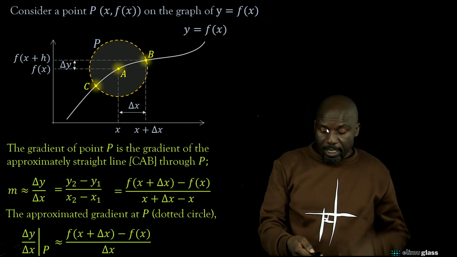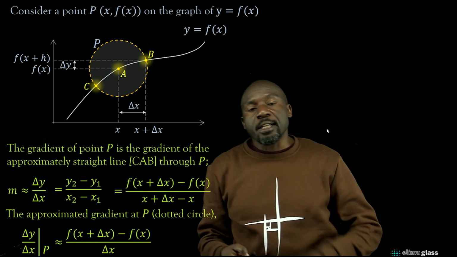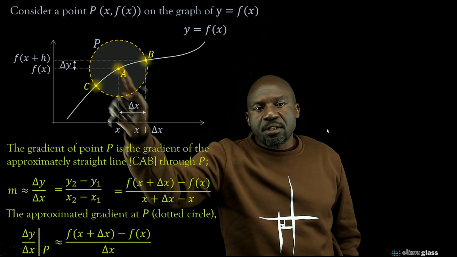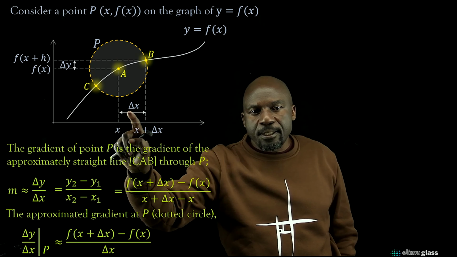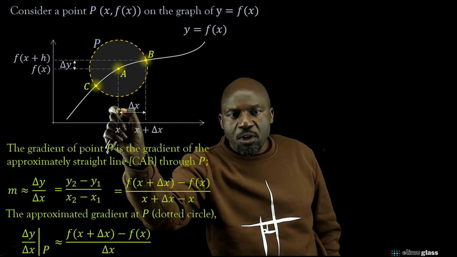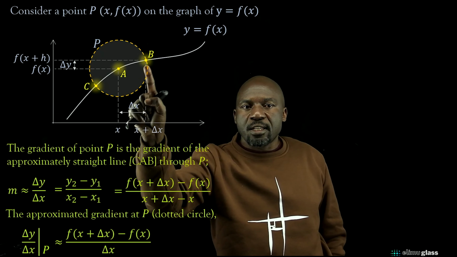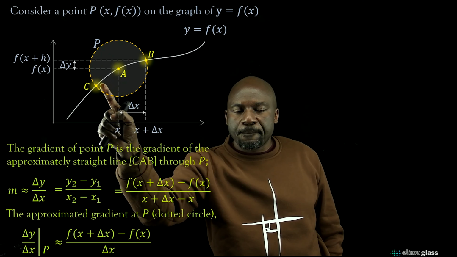All right? So let's see if we can find the gradient when the circle is very, very tiny, so that delta x is tending towards 0, becoming smaller and smaller, because it is when delta x becomes smaller that this tends to be a straight line. Okay?